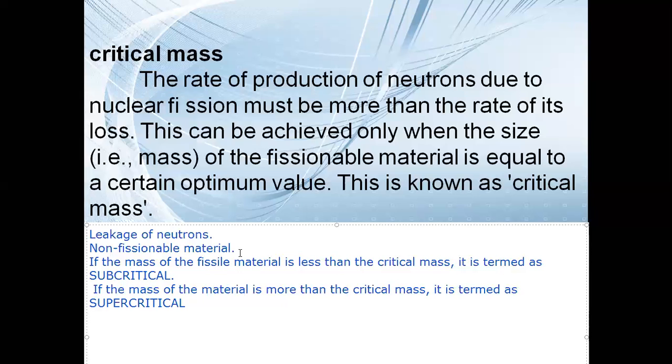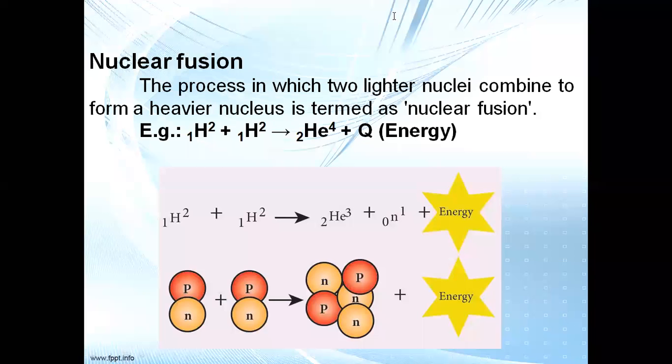So next we have learned about nuclear fusion. Already we know that when a heavier nucleus splits into two smaller nuclei, that is nuclear fission. Nuclear fusion means that two lighter nuclei combine to form a heavier nucleus.